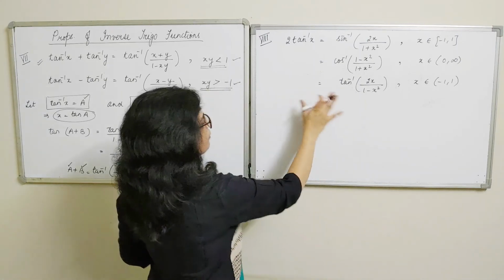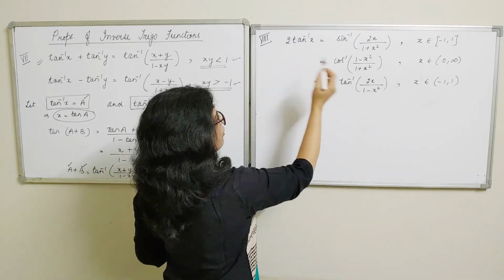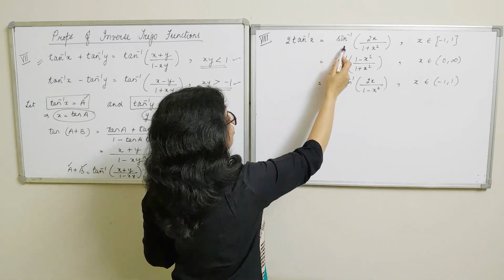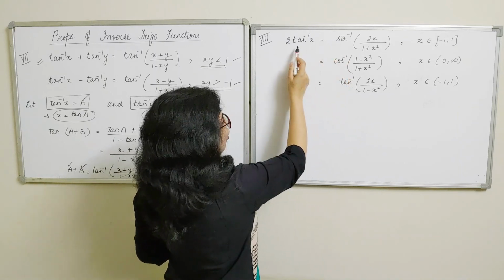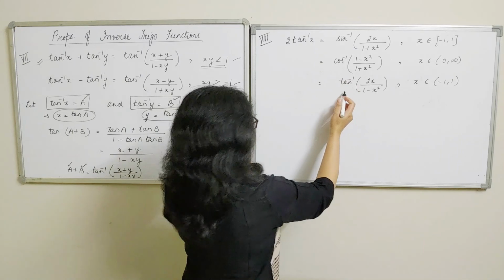So you can see this conversion formula can be used whenever we need a conversion from tan inverse to sine inverse or cos inverse or tan inverse to some other tan inverse form.